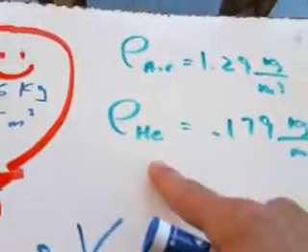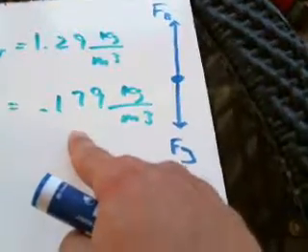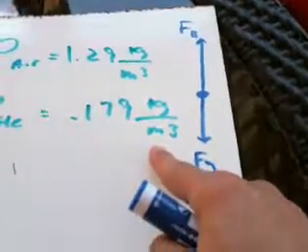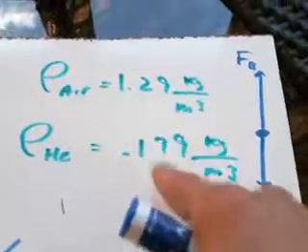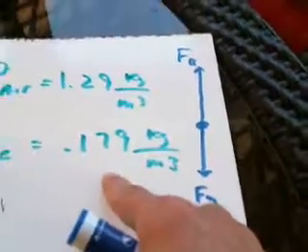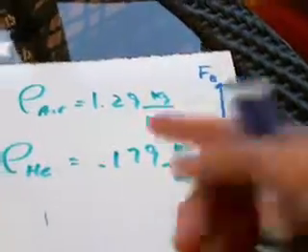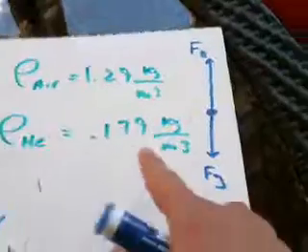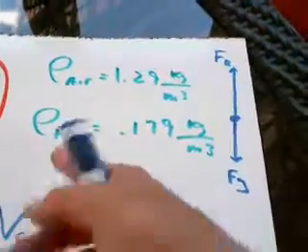It also tells you the density of the helium inside that balloon, 0.179 kilograms per cubic meter. So you can see helium is a little more than 1/10 the density of air. But just because they give you a number doesn't mean you're going to use it. In fact, in this problem, you won't even need the density of He.